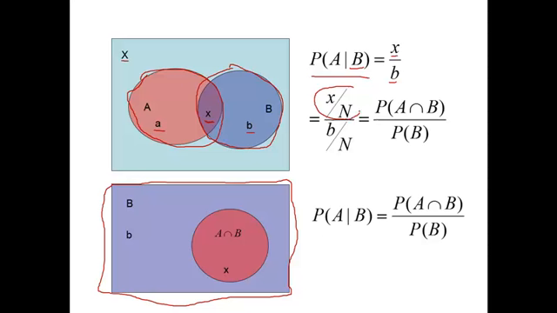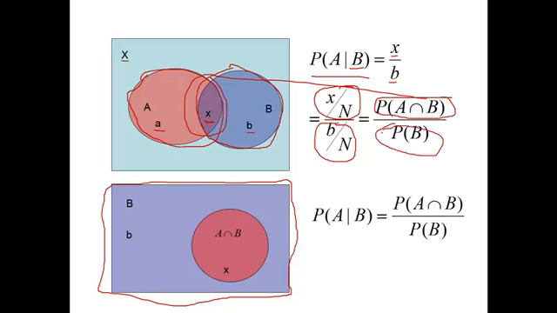We can divide the numerator and denominator both by capital N, the total number of outcomes in the sample space. This will make the numerator the probability of A intersection B, and this will make the denominator the probability of B. So that brings us down to this formula right there.